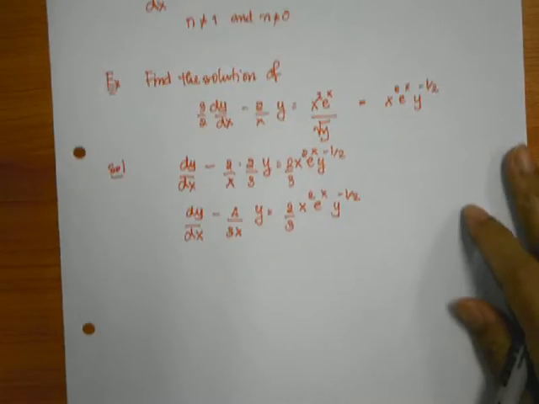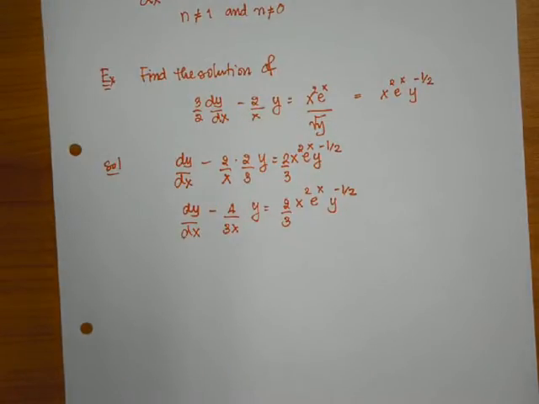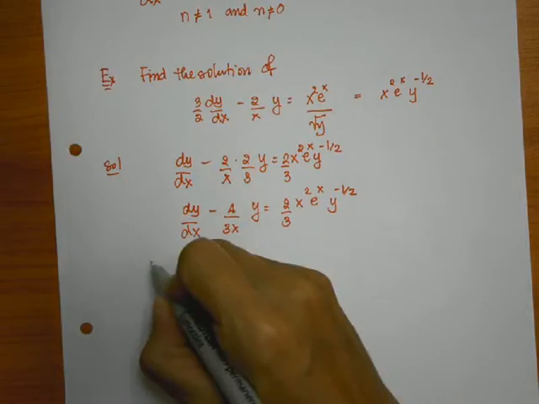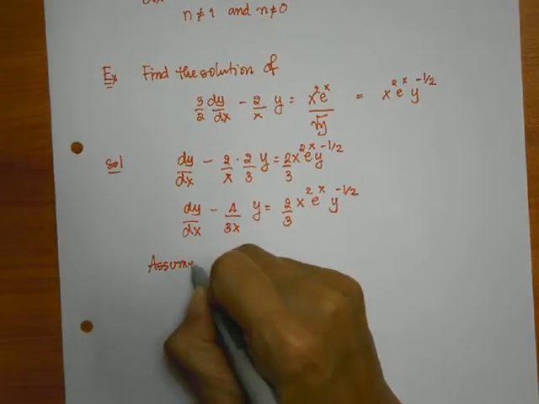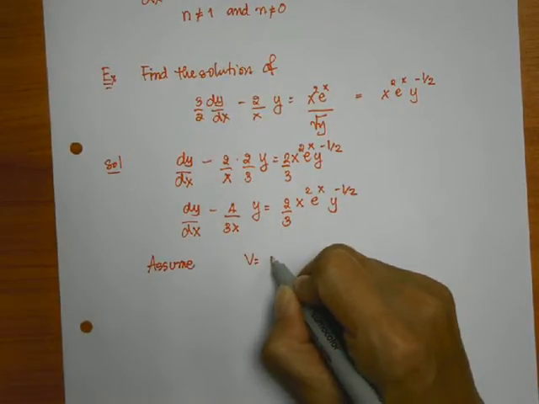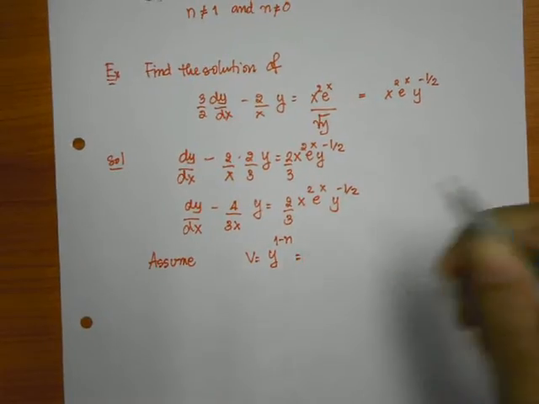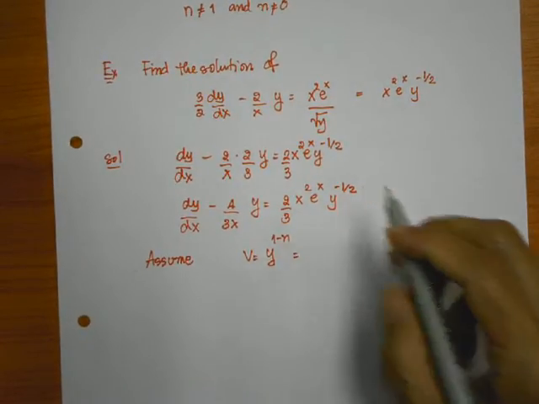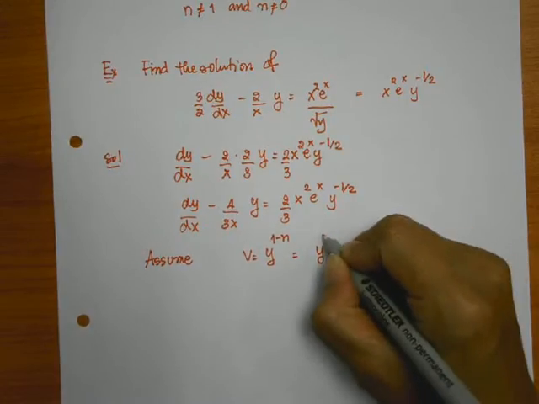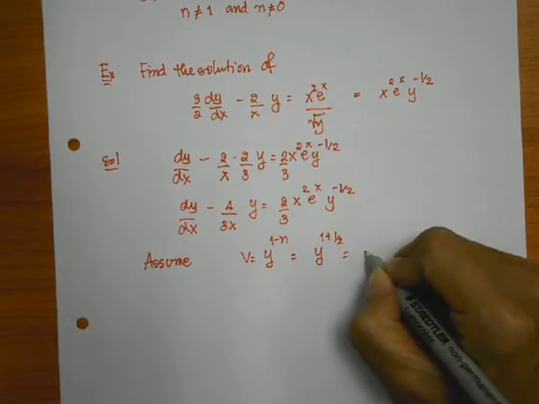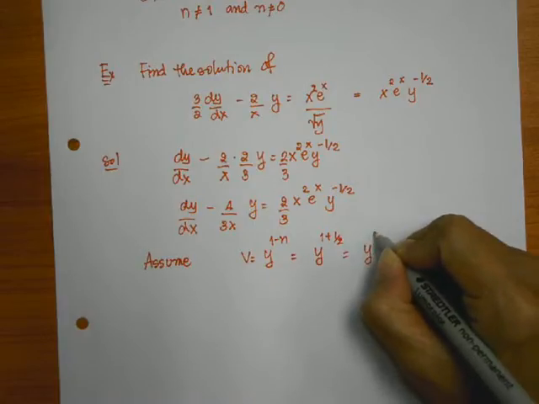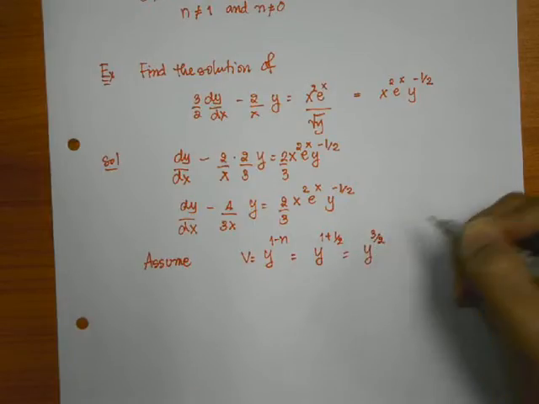Okay, and then since we already know that this is the Bernoulli equation, the way that we solve this type of equation is that we assume v is equal to y to the power 1 minus n, right? And our n is equal to negative 1 over 2, so we got v equal to y to the power 3 over 2.